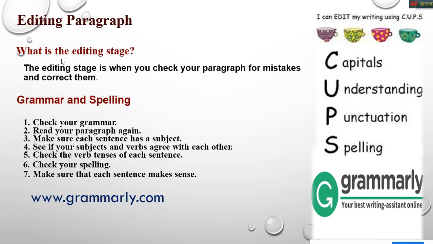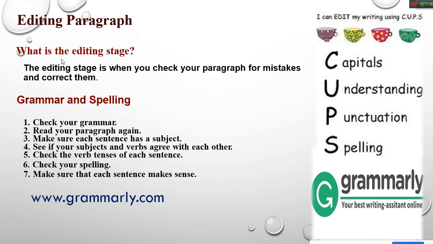And then the editing part. This is a very important part of writing a good paragraph. Okay, in this stage, you must check your paragraph for mistakes and correction. And you see the points to be mentioned there. First, check your grammar.